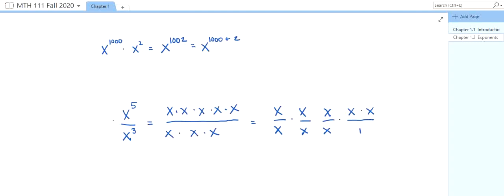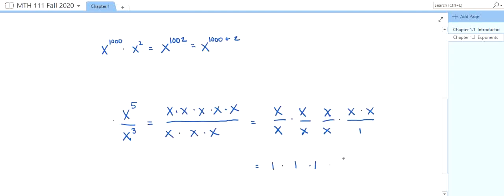Put them over 1. Because x times x times x times 1 is the same thing as x times x times x, the same thing as x cubed. And x times x times x times x times x is x to the 5th on the top. Well, we see that x over x is 1, x over x is 1, x over x is 1.